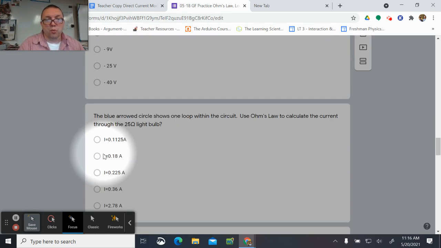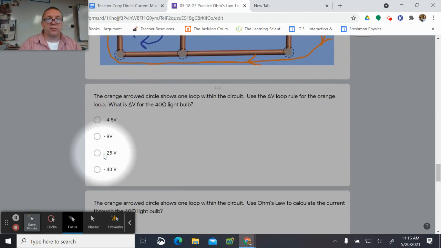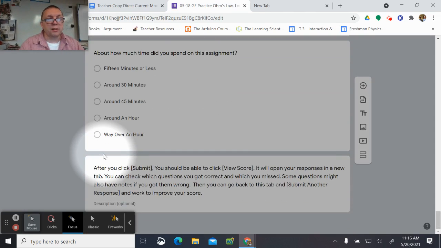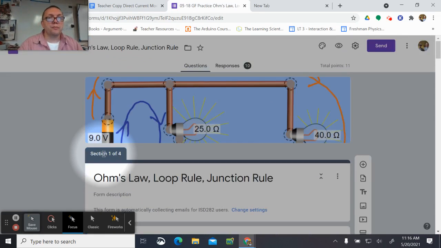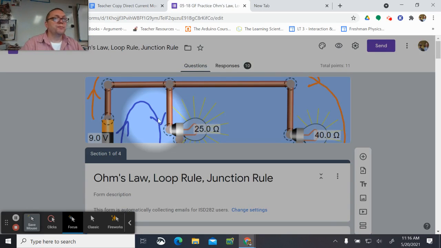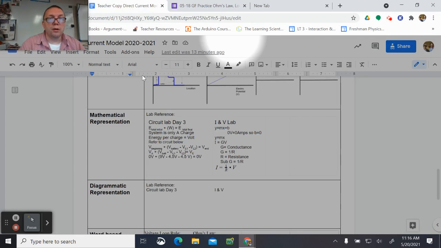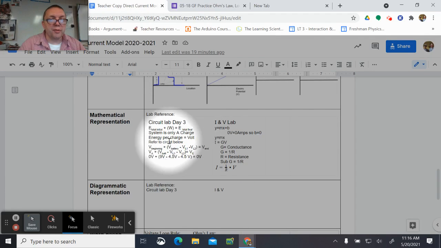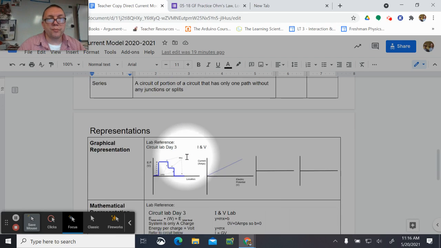It doesn't matter if there's 1 path, 2 paths, 6 paths. No matter what, that is how things go. So that's the voltage loop rule, and that's what's described on this part here, where as we go through these things, we end up back at 0.